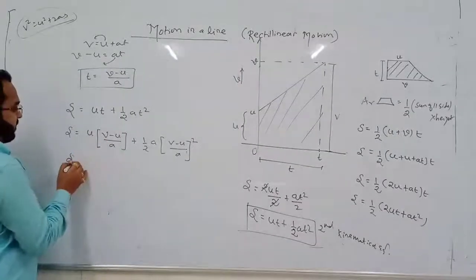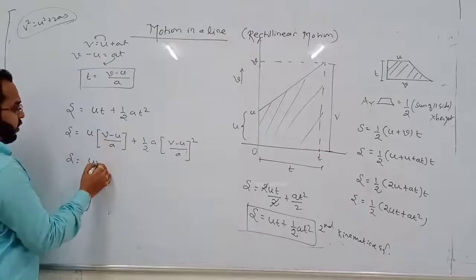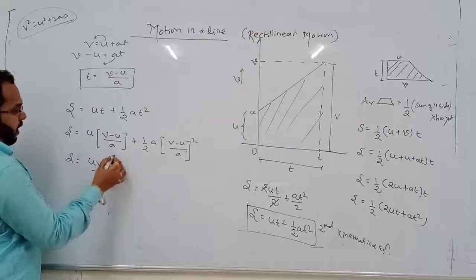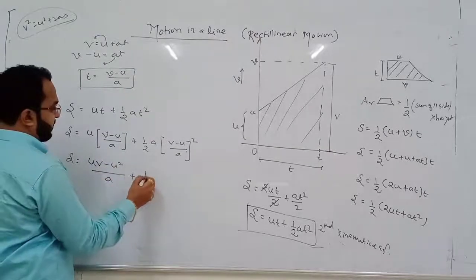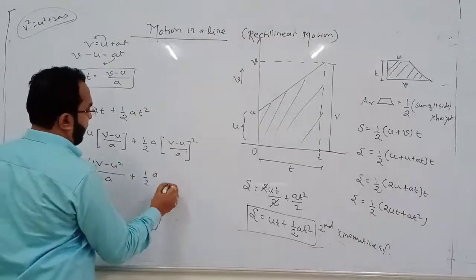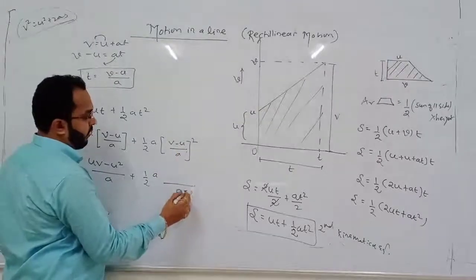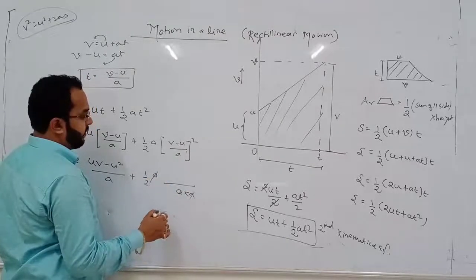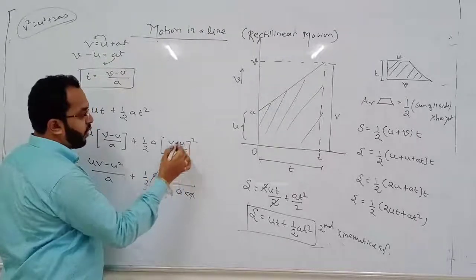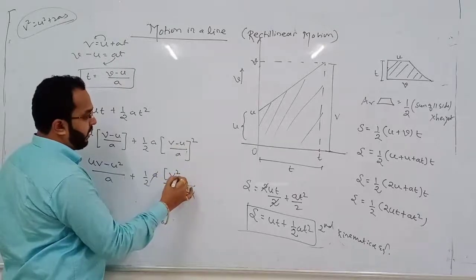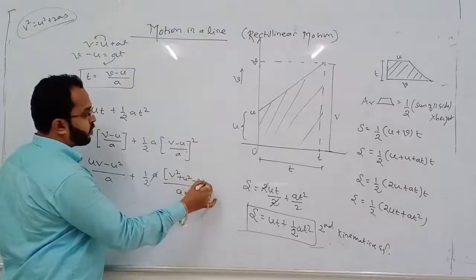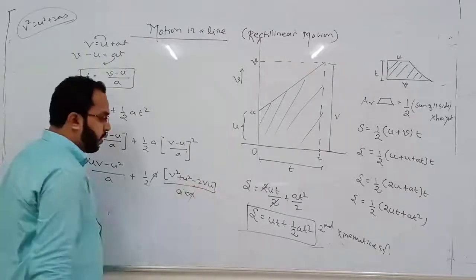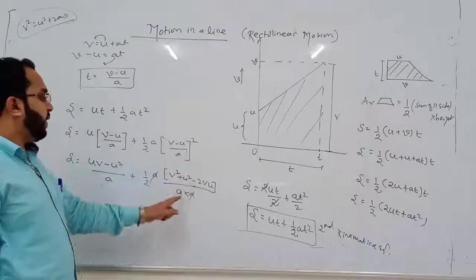So this will become u into v, u into u, minus u square upon a, plus half a square, म्हणजे a into a, यातला a येणार आहे कॅन्सल. इथे येणार v minus u the whole square. It will be v square plus u square minus 2vu, a square plus b square minus 2ab. आणि हा a म्हणजे a square, a ला कॅन्सल.